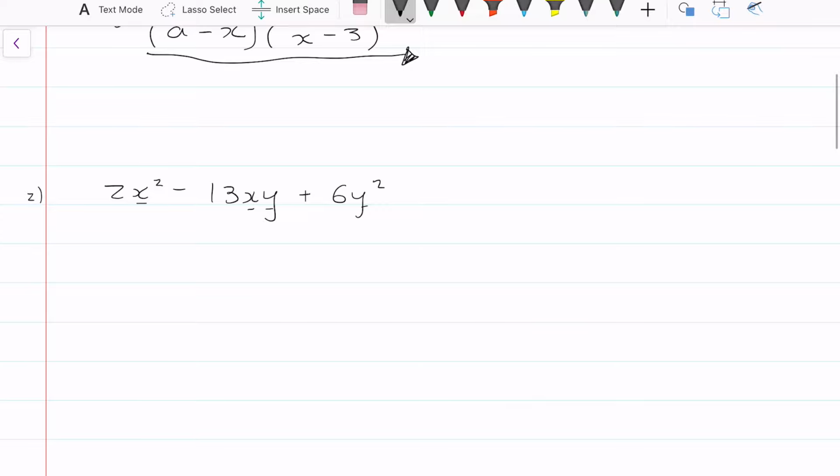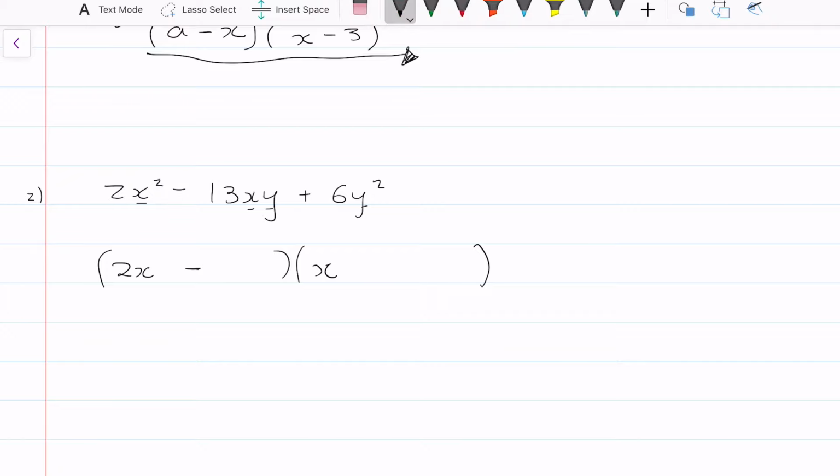The way we do these is, first we know we're going to have a 2x for the first bracket, and we know we're going to have an x, because multiplying these two together gives us 2x squared. So that's the first term done. The second part, we know we need to get a plus sign at the end. So we know we're going to need a plus plus or a minus minus, but in this case, because the middle term is negative, we're going to need a minus minus.